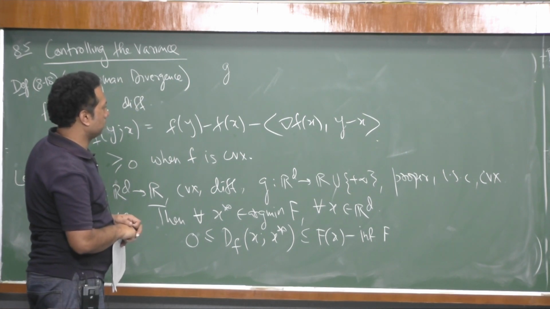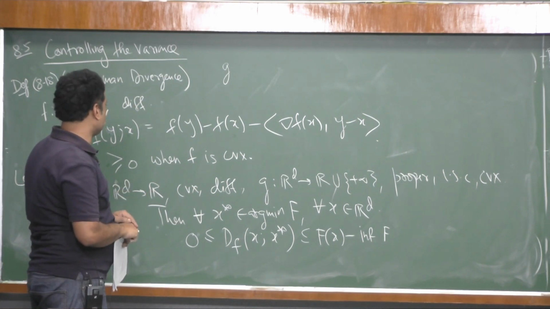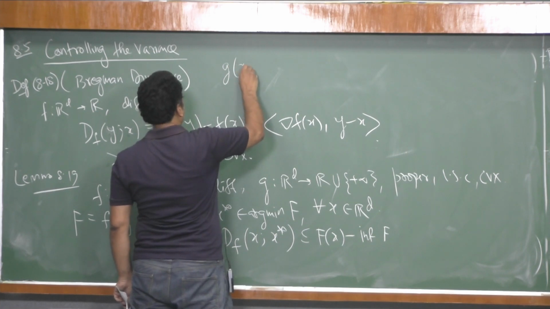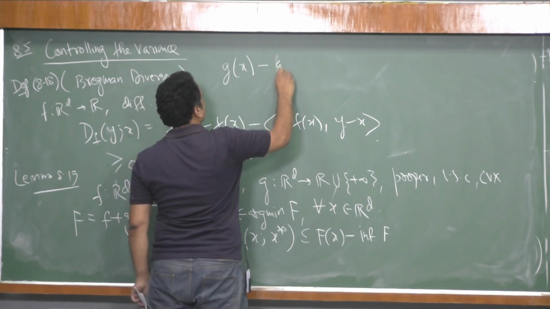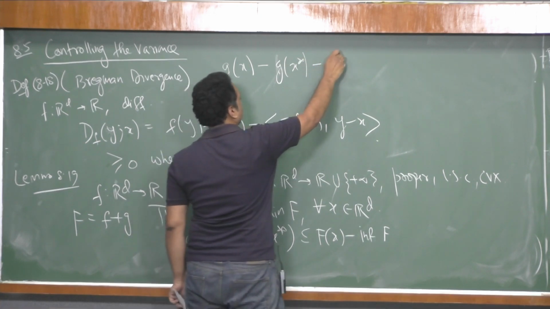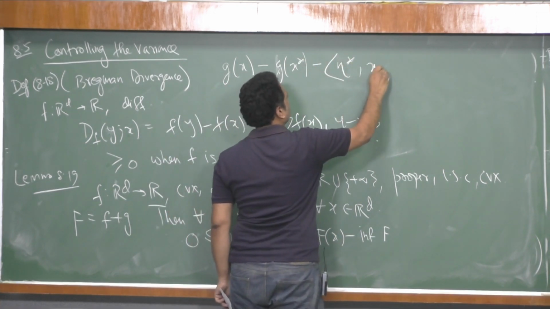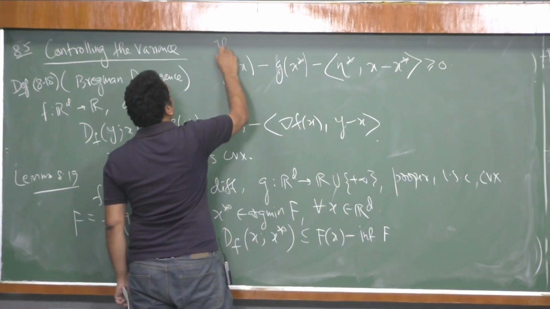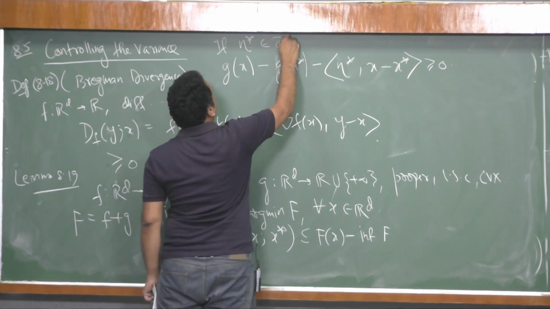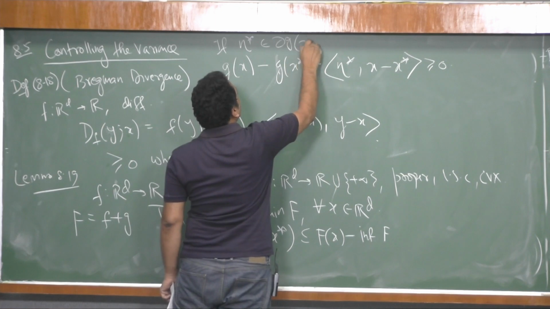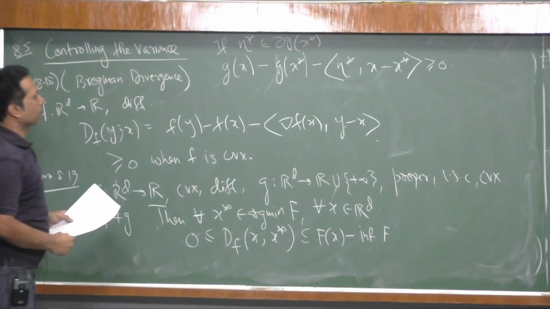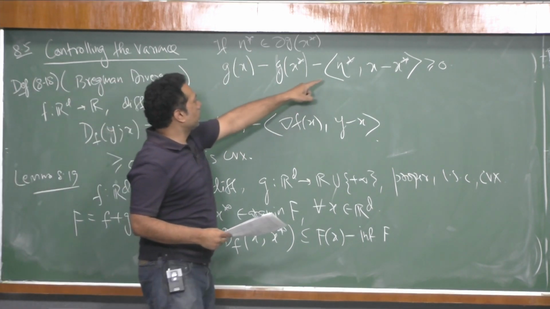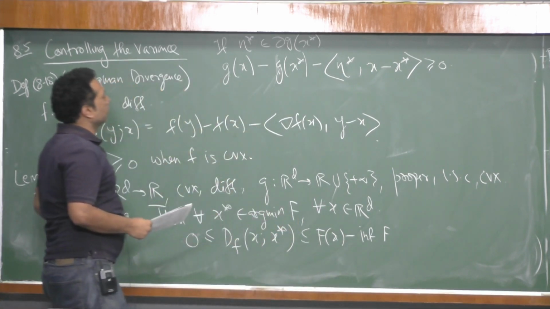In place of x, I will take x star. In place of y, I will take x. Okay, so y is x and x is x star. F is G. Any vector that has to be a subgradient, this is the qualification needed. This inequality should be satisfied.